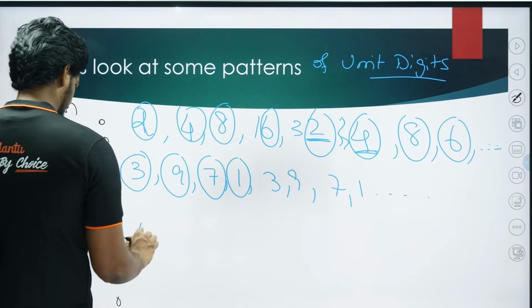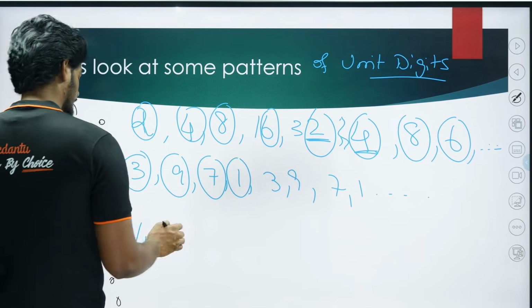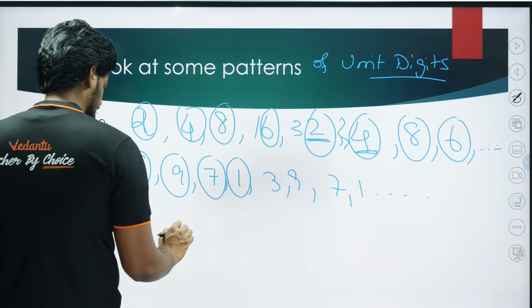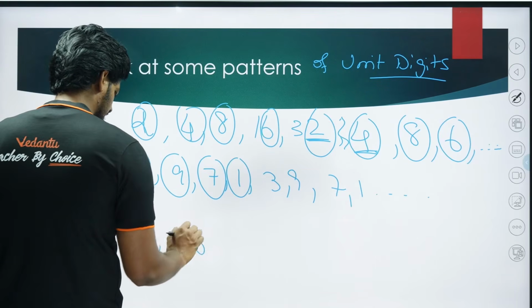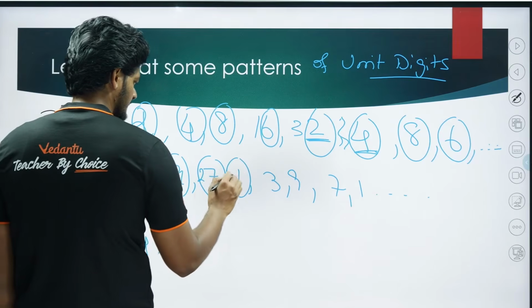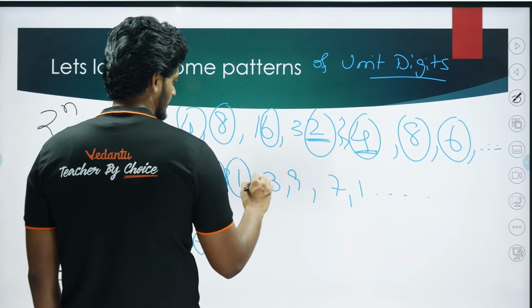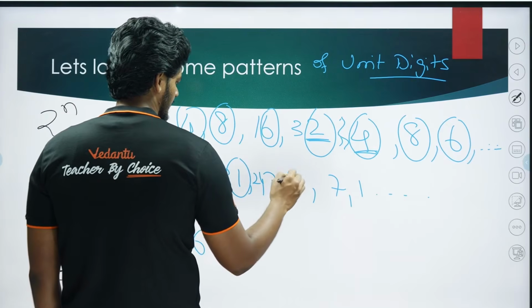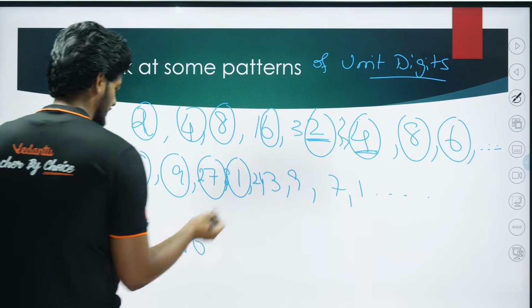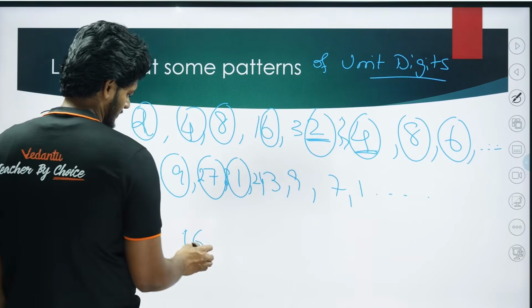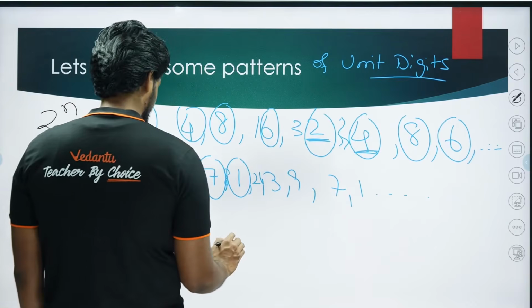Now for 4, it is 16. So 16. Okay, let me write 27, 81, 243, and so on and so forth. So it's not important. The other number is going to be 64.